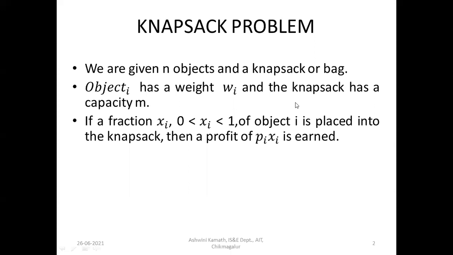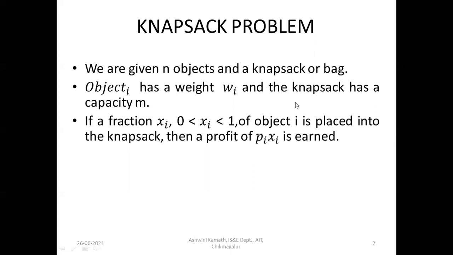If I consider, for example, the knapsack capacity is 10 kg and I have a 12 kg item, some wheat flour or rice flour, something. The capacity of the knapsack is equal to 10, so I can put only 10 kgs. Among 12 kgs, I put only 10 kg into the knapsack.